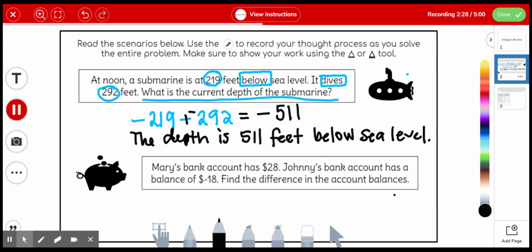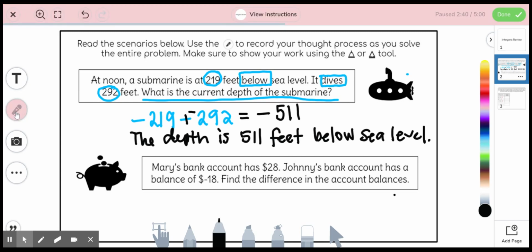That tells them that it's a negative 511. You could have also said the depth of the submarine is negative 511 feet. Those are both correct responses. So I'm done with that one. I'm going to stop recording. Now you're going to go ahead and work on that second problem on your own. And so make sure you record everything for that one as well.